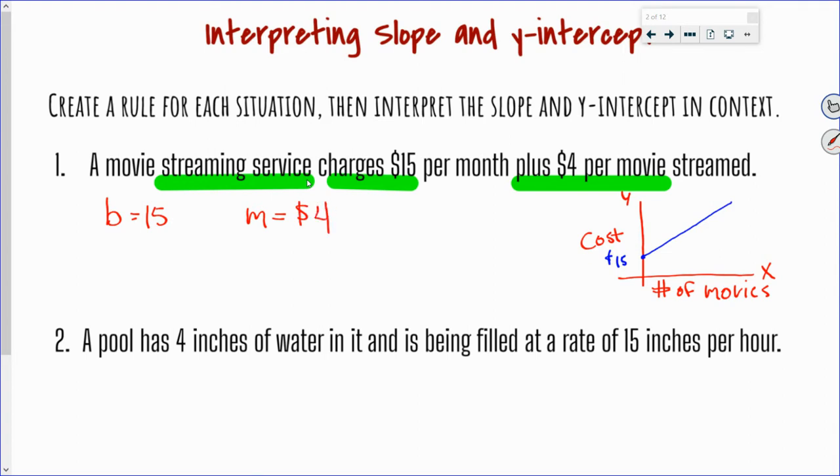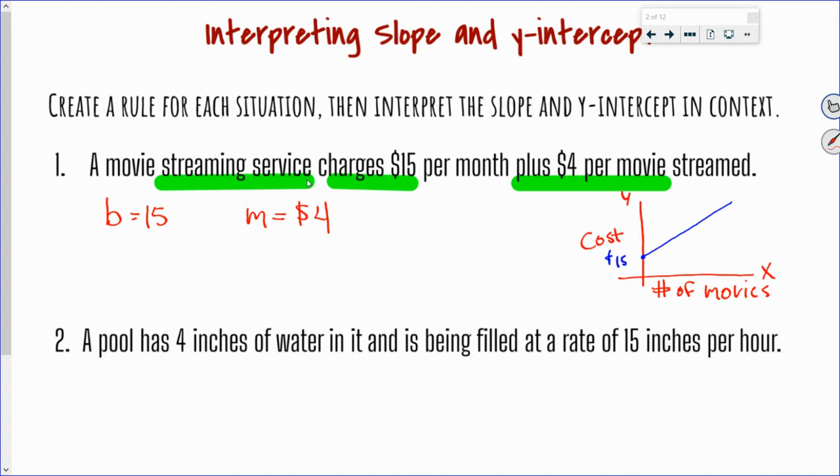So to be honest with you, we can summarize it this way. That initial fee charged, or the amount of, say, water in a pool, our starting point, will be our y-intercept when we go to write or model a situation with an equation. So if it's a fee charged, the y-intercept is going to be the $15.